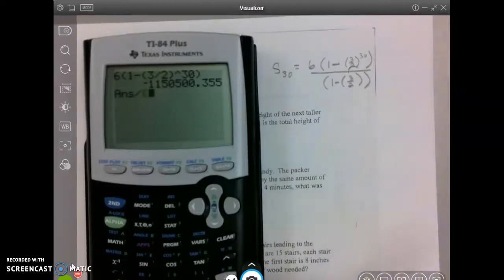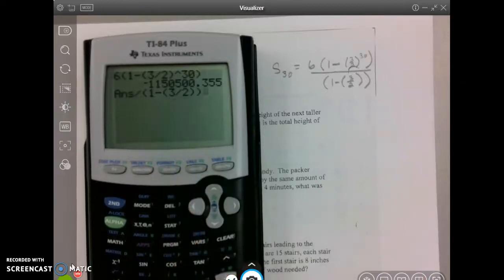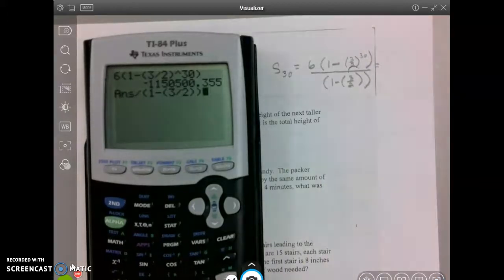You might not realize that, so if you didn't, that's okay. 1 minus, protect that fraction, 3 halves with parentheses, but then you have to end your other parenthesis. So the 3 halves is in its own set of parentheses. Then you hit enter, and you will get your answer. You're going to get a very large answer. It's going to be more than 2 million. So that's what you should get.